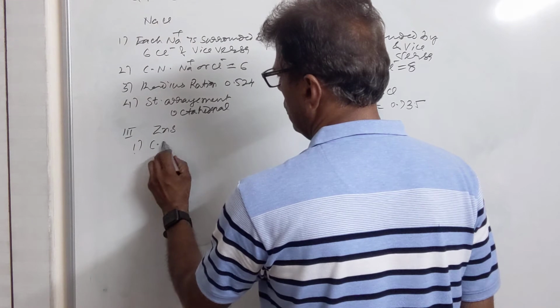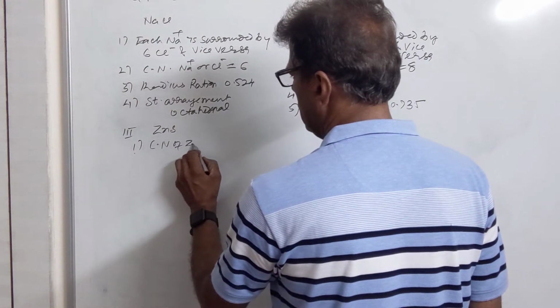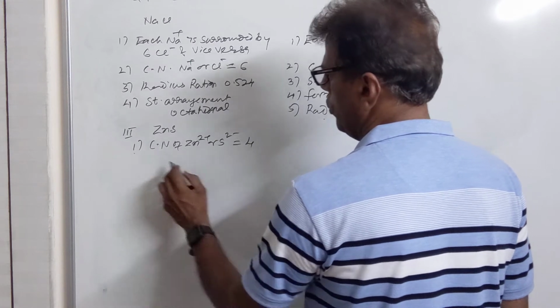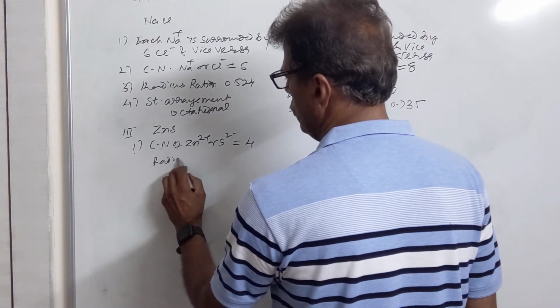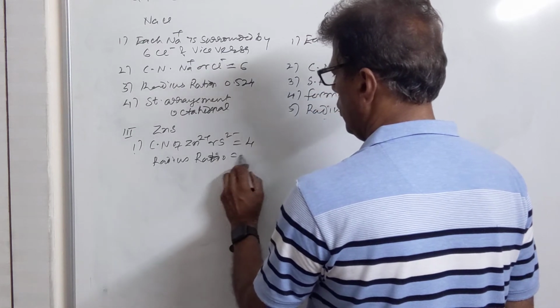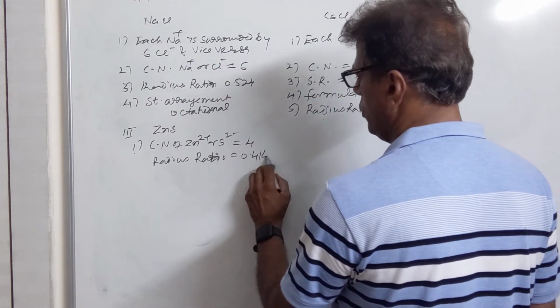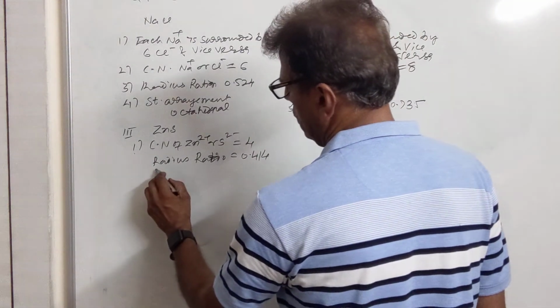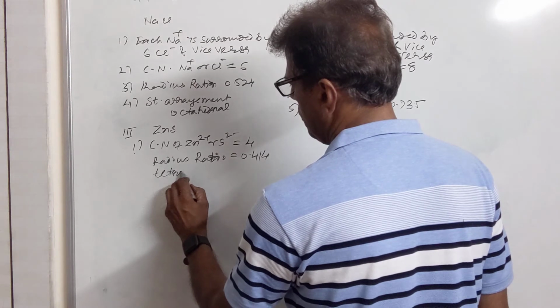Coordination number of each zinc ion or sulfide ion, that is 4. Radius ratio, that is 0.414. जिंक और सल्फाइड आयंस का. उसके बाद टेट्राहेड्रल अरेंजमेंट होता है.